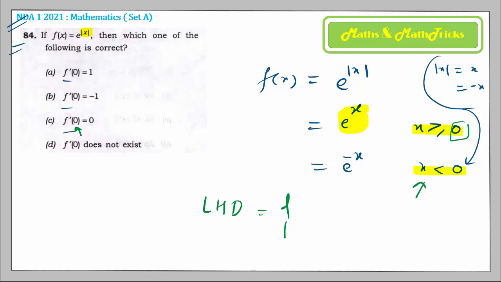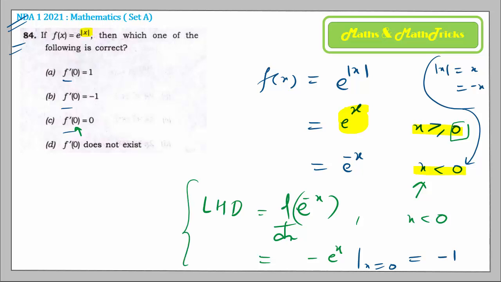So you will be calculating the derivative of which function now? e power minus x, because x is less than 0 for that. So what is the derivative? Minus e power minus x, and you are asked to evaluate at 0, so at x equal to 0 this will become minus 1, isn't it? Correspondingly we have the RHD. For the RHD, the function will be e power x, because of that domain.